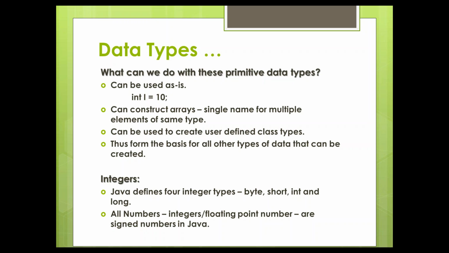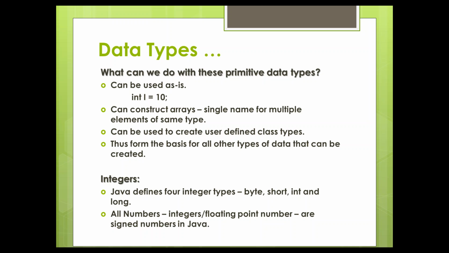For example, if you declare an array of int, it can hold multiple values of type int. So we give one particular name for holding multiple values. That is why we say it uses a single name to hold multiple values of the same type. Or they can be used to create user-defined data types.